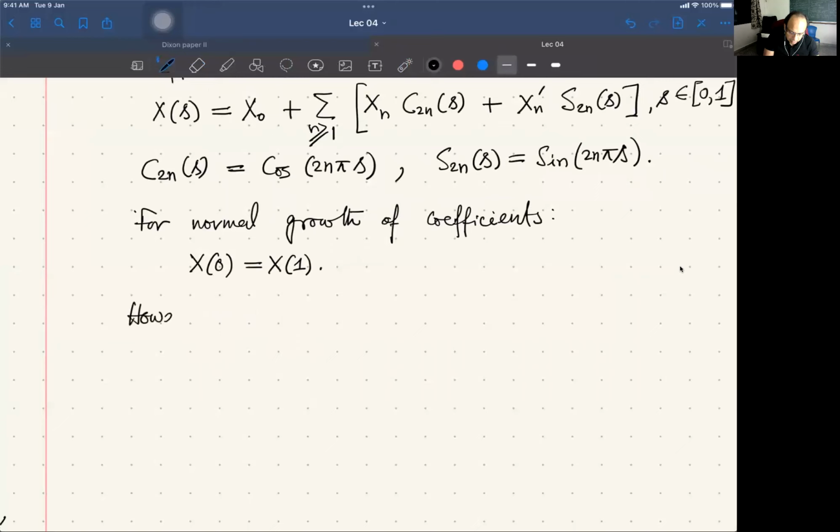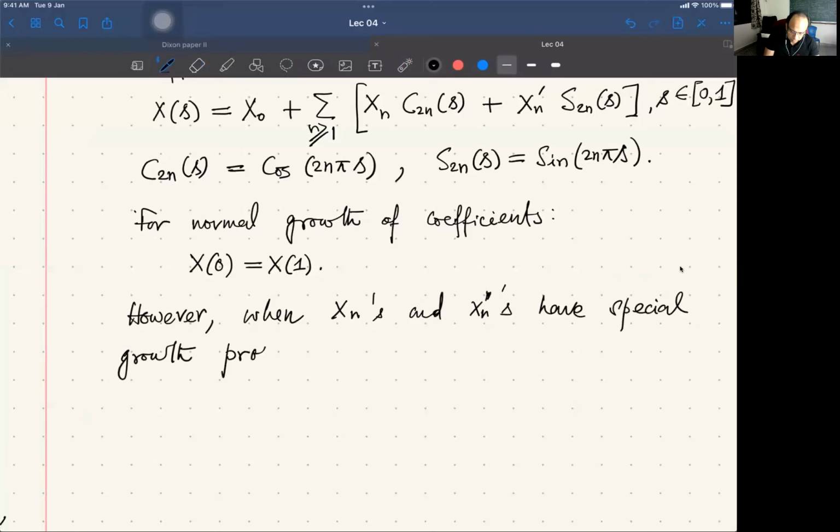However, when xn and xn primes have special growth property, it is possible to achieve non-periodic boundary conditions.